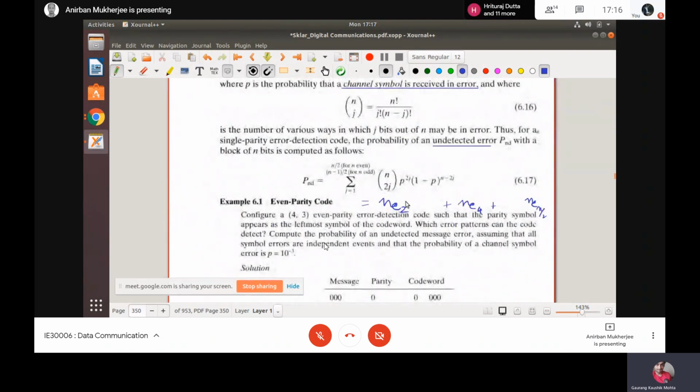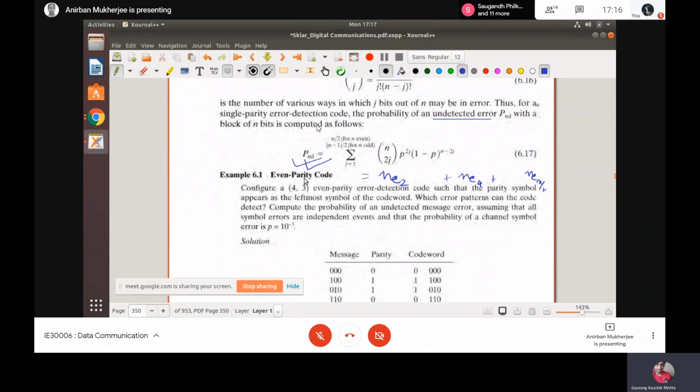So when 2 bits are in error, out of n, any 2 bits are in error, that means nC2 p to the power 2 (1 minus p) to the power n minus 2. Similarly nC4 p to the power 4 (1 minus p) to the power n minus 4, like that. So this is your probability of undetected error for the even parity code.